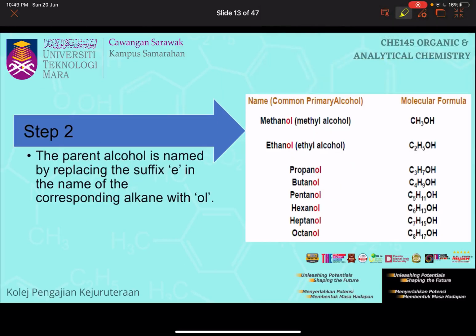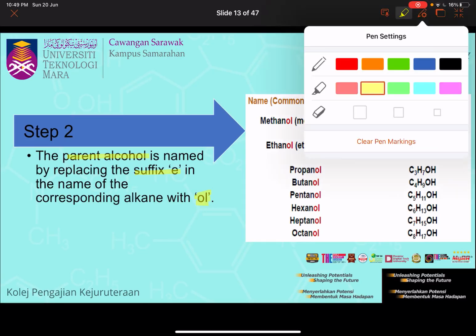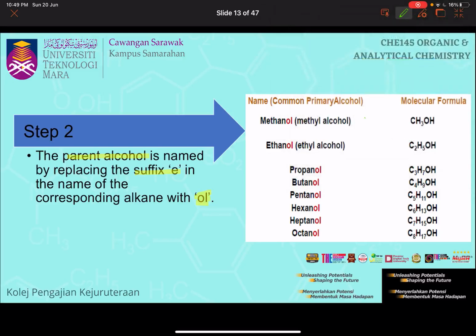Then we have step 2. The parent name of an alcohol is named by replacing the suffix E in the name of the alkane with OL. Initially we have methane if it's an alkane. Methane now becomes methanol. Ethane becomes ethanol. Propane becomes propanol. Butane becomes butanol.